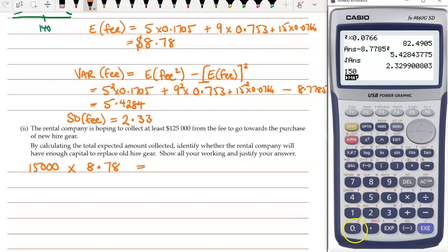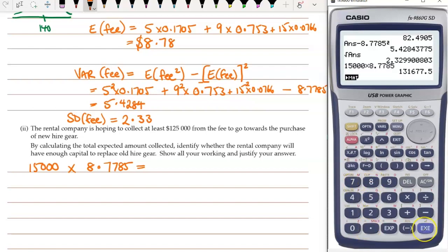Actually, I'm going to use the unrounded amount just to make it as accurate as we can, because averages don't need to be rounded to the nearest whole dollar. It's an average of how much we expect to happen. So if we multiply that by 15,000, we've got an expected revenue of $131,677.50, so expected income from fees.